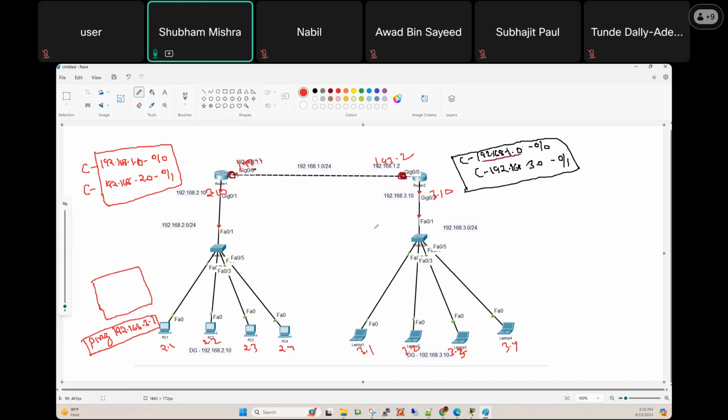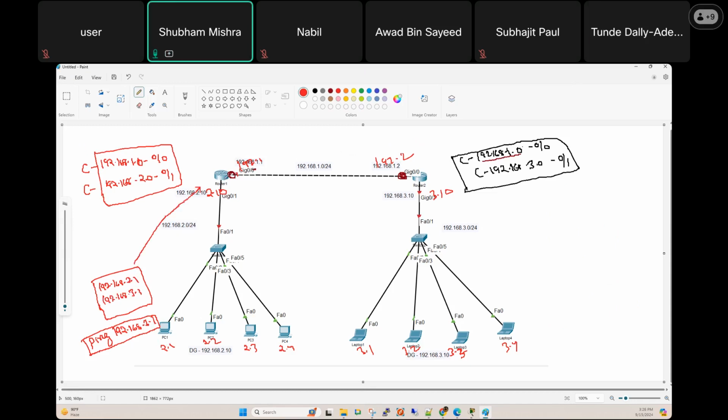Right now, we are discussing only routing, so only IP. We are not going to discuss the MAC. So what will the source IP be, guys? 192.168.2.1. The destination will be 192.168.3.1. This packet will reach the router.